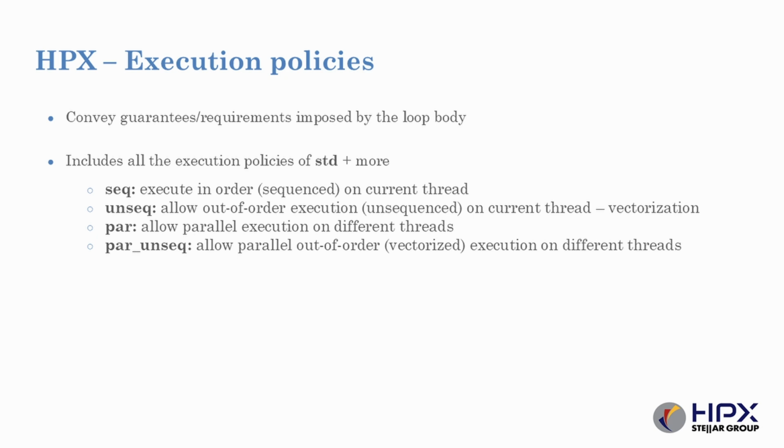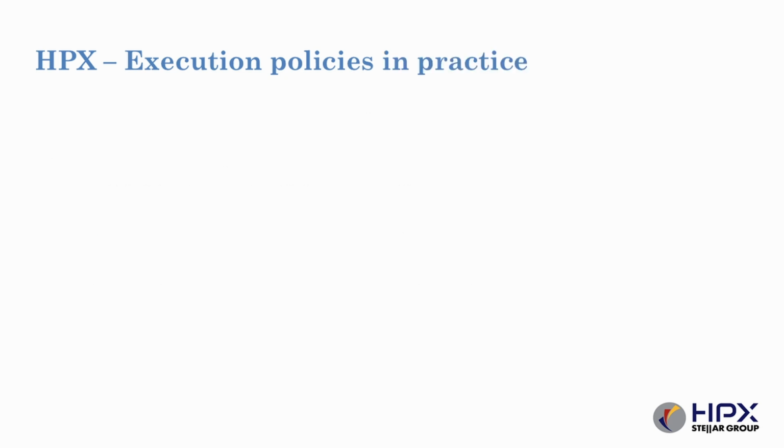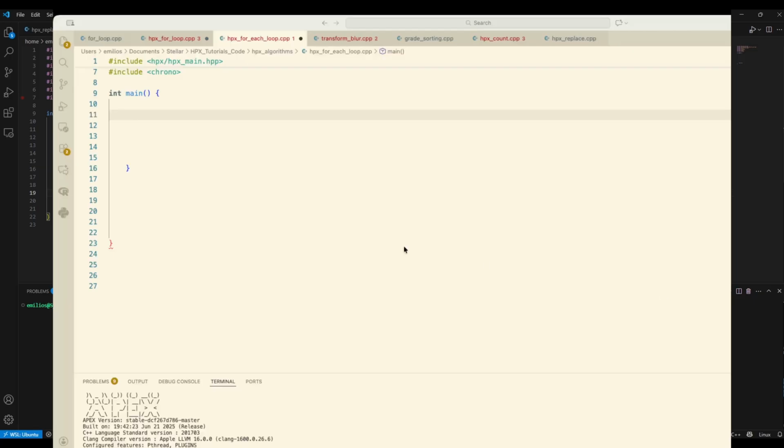HPX includes more execution policies, but they are out of the scope of this video. Overall, HPX execution policies provide asynchronous, distributed, and highly customizable parallel execution capabilities that go beyond the limitations of the standard library.